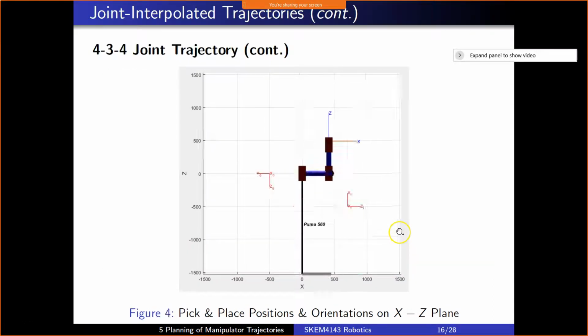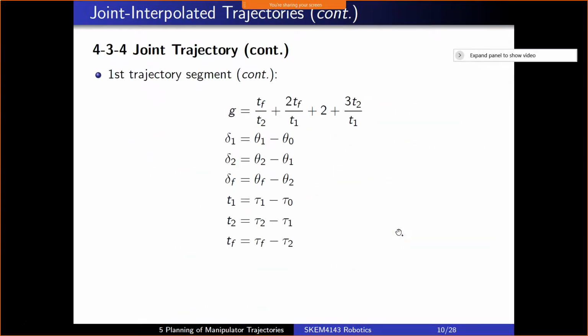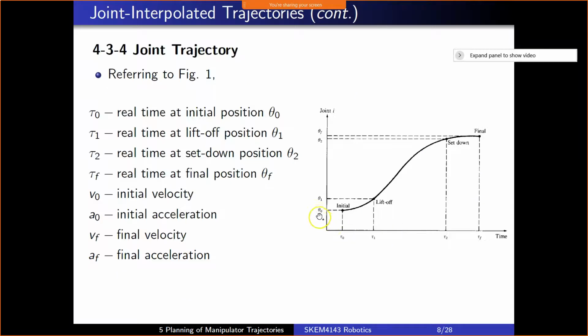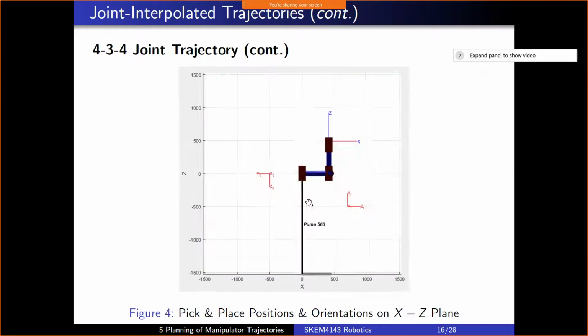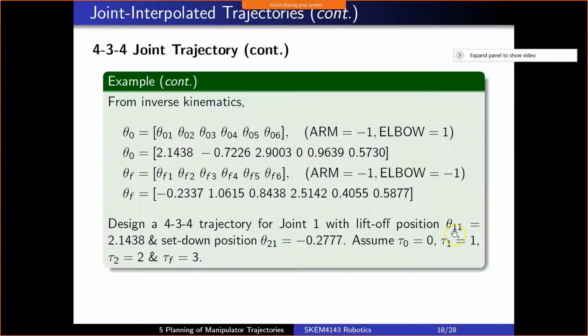So let me go back a few slides. So theta 0, theta 1, theta 2, theta f. Okay. So the first subscript refers to theta 1, which is the lift off. And here the first subscript refers to set down. Second subscript refers to the joint, because we are interested in joint number 1.